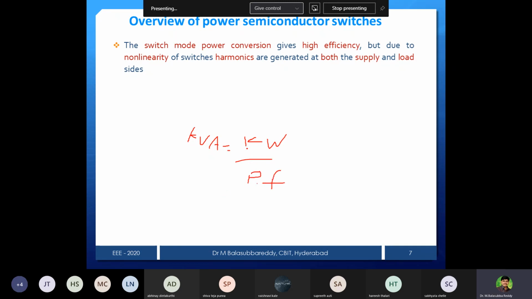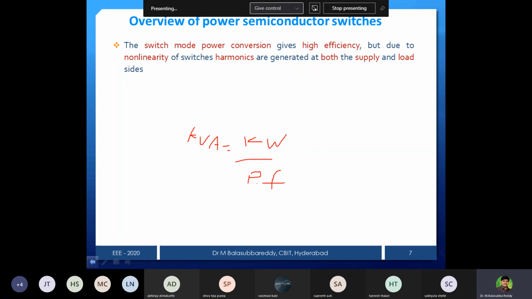Normally if it is unity power factor, kilowatt or kVA billing is fine. But suppose you are operating some particular load, where we are consuming 100 units with 0.8 power factor.